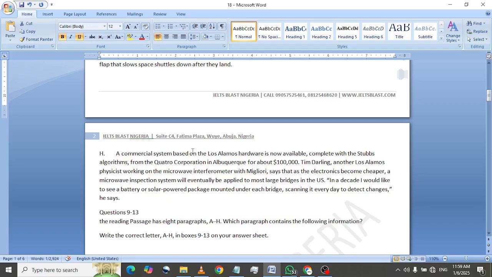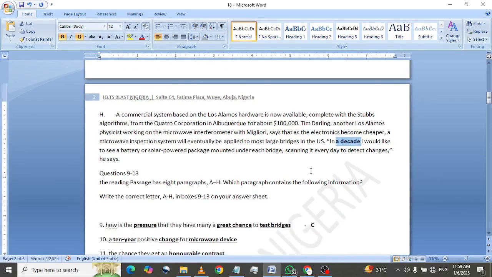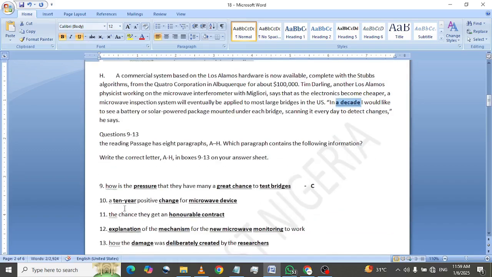Let's check one more time. Oh, yeah, we have seen a decade here. So a decade here means 10 years. So it's always advisable that you go back to the question. The question says: a 10 years positive change for microwave device.